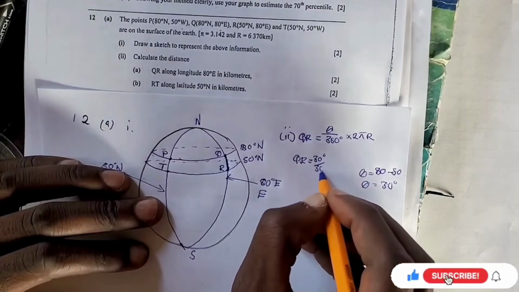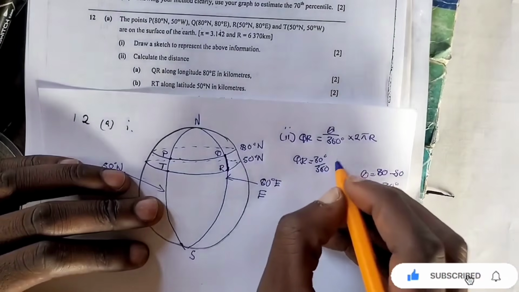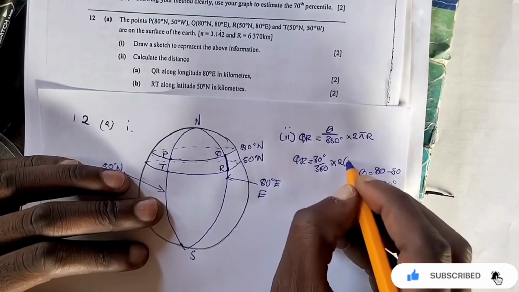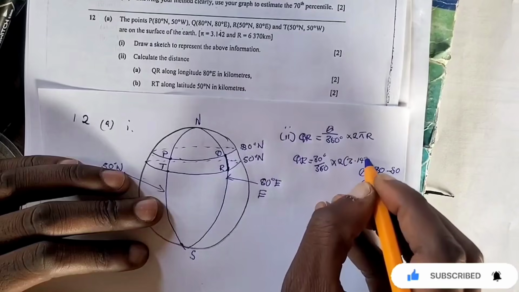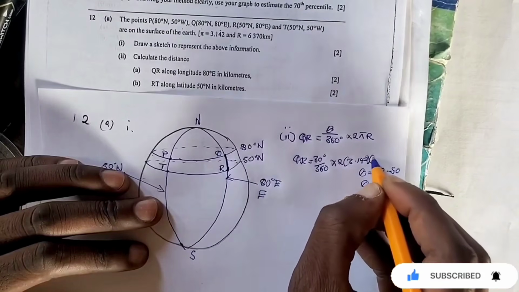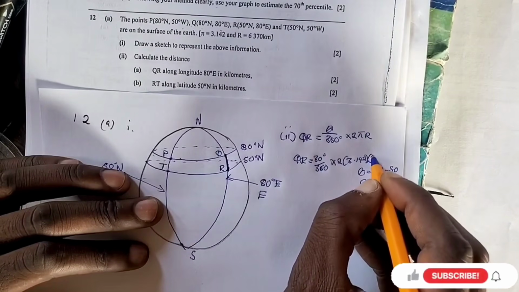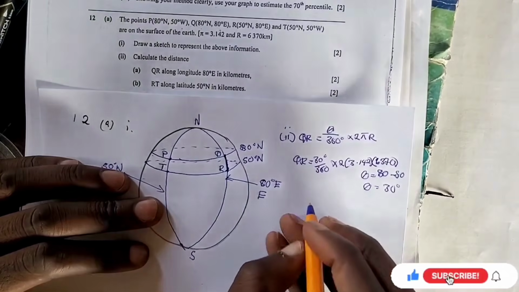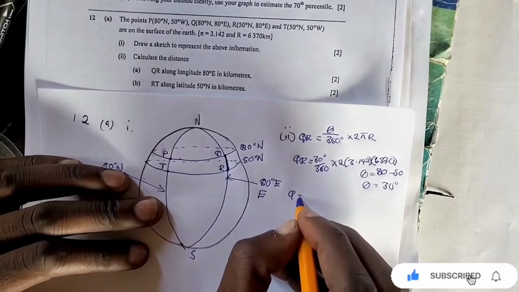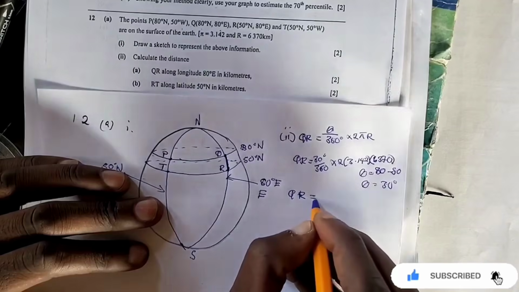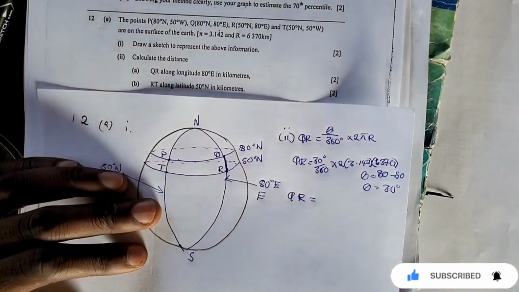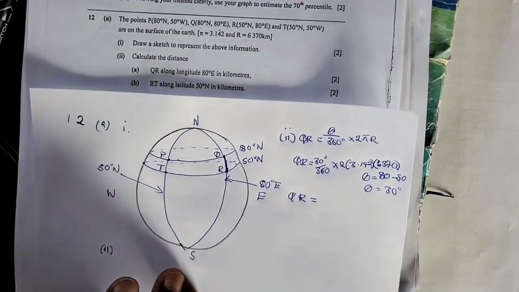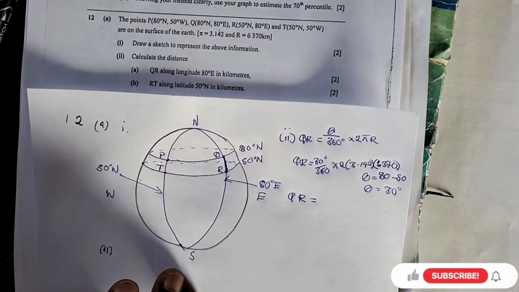over 360 times 2 times 3.142 times 6370, which is in kilometers. Calculate QR. 30 divided by 360.